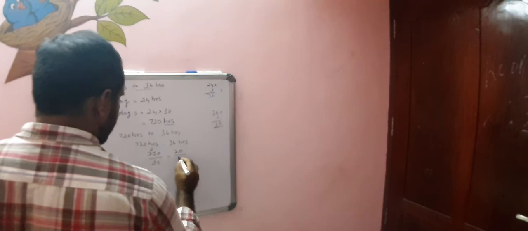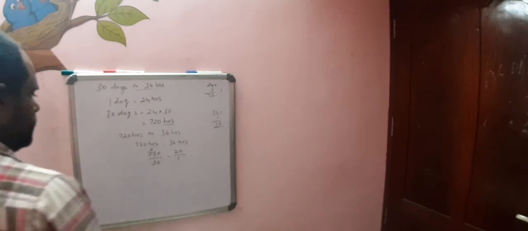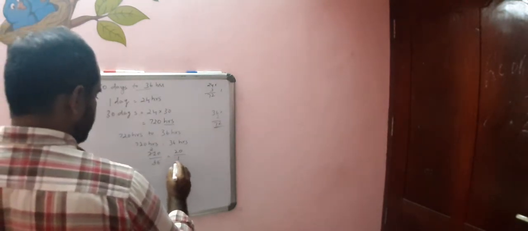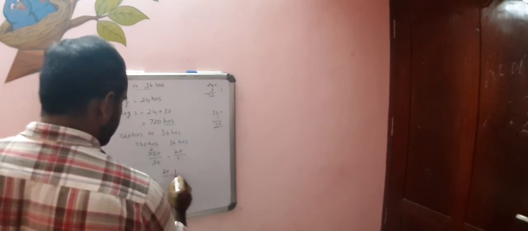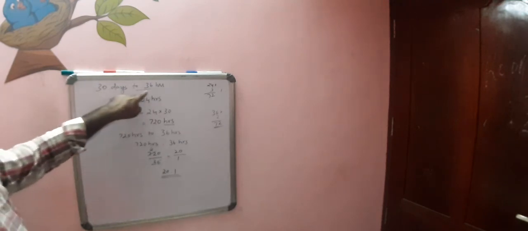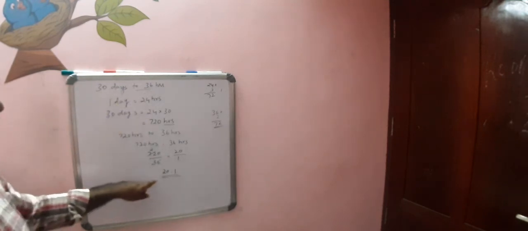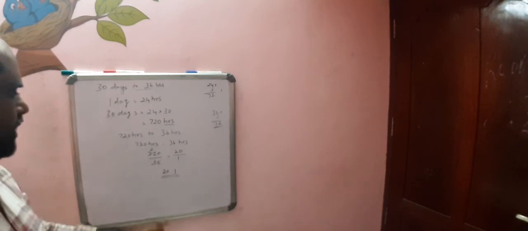Here it is 1, right? 20 by 1, which we can write in ratios as 20 is to 1. So 30 days to 36 hours, the ratio here is 20 is to 1.